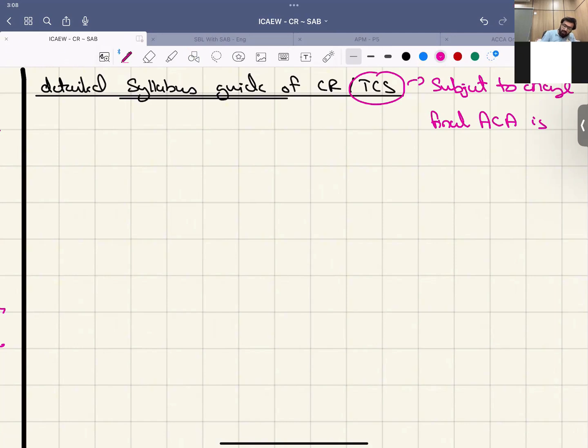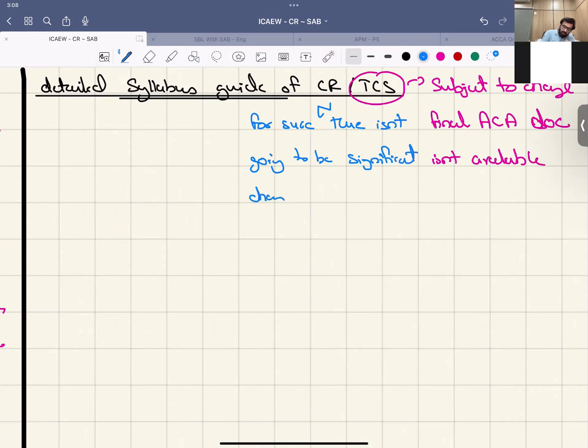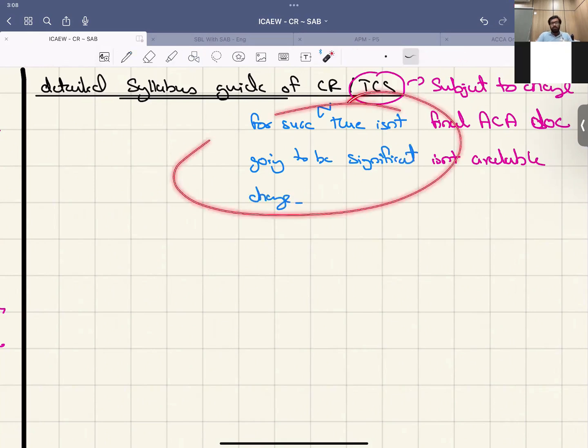This could take time, but since we have CR, for sure in both these papers there isn't going to be a significant change, so don't worry about it.